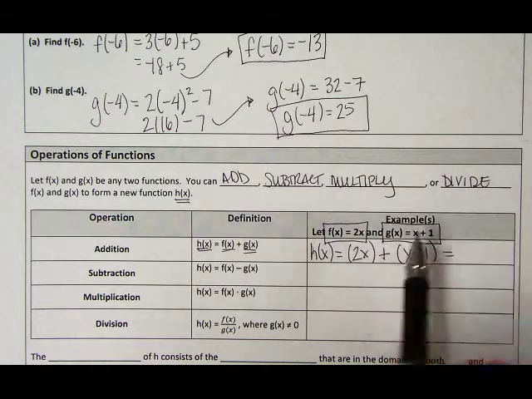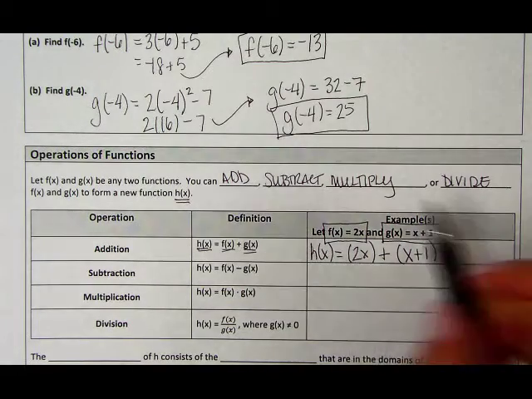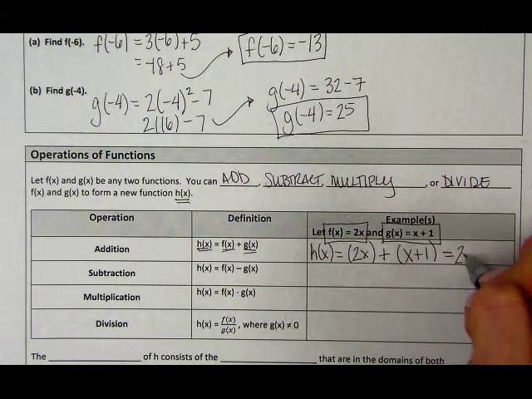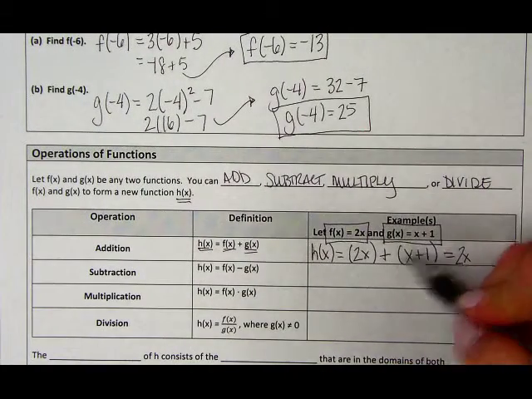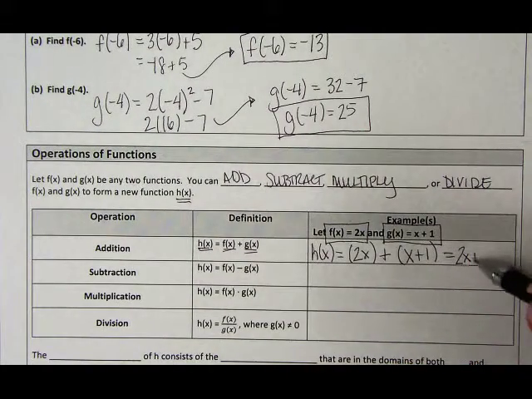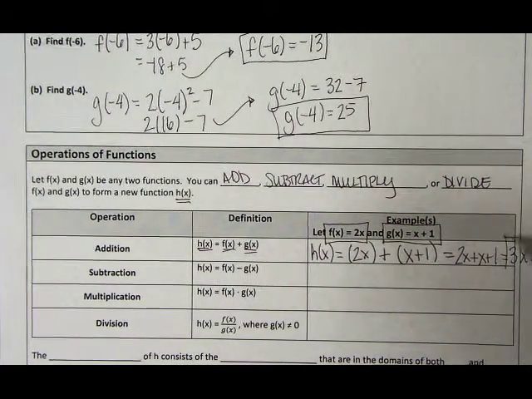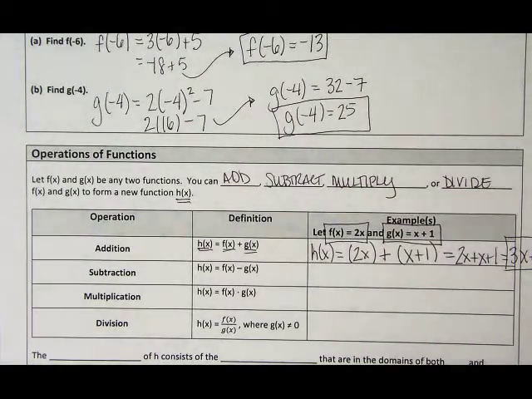Since I'm adding across the board here, I can drop my parentheses now because I don't have to distribute a negative. So I get 2x plus x plus 1, and 2x plus x is 3x plus 1. That can't simplify anymore, so that's my final answer.